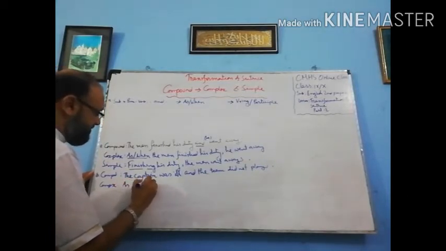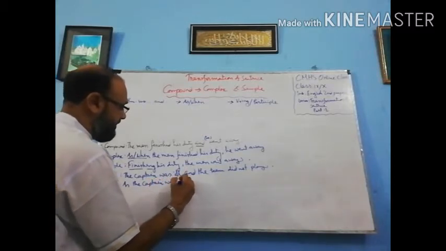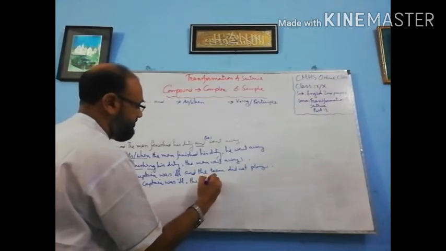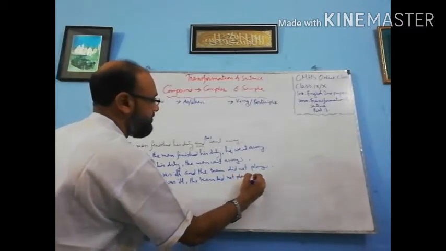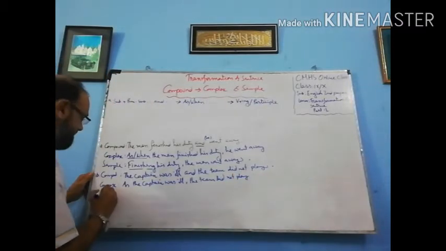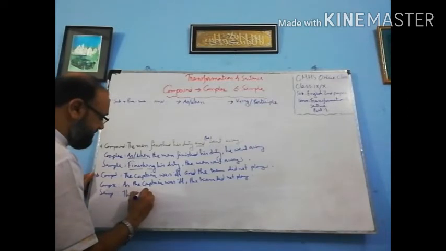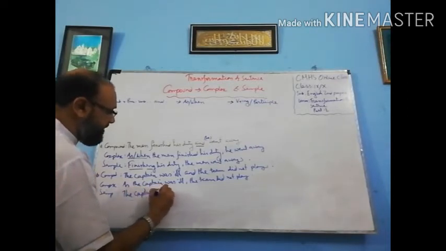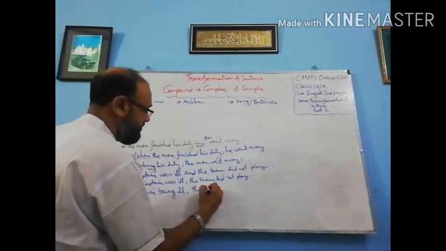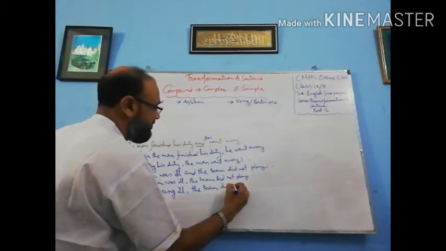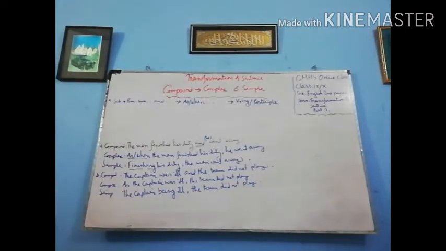As the captain was ill, the team did not play. And the simple one: the captain being ill, the team did not play. So how can we make it complex and simple?